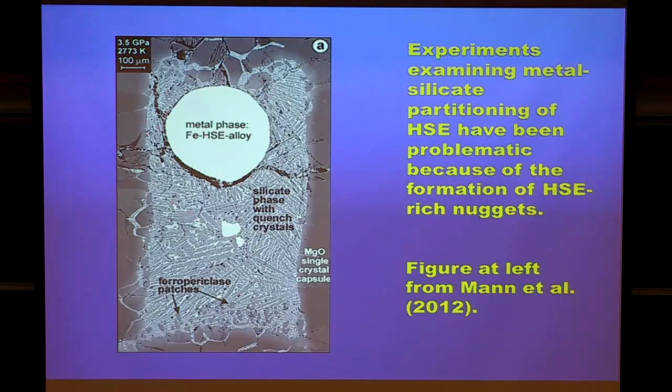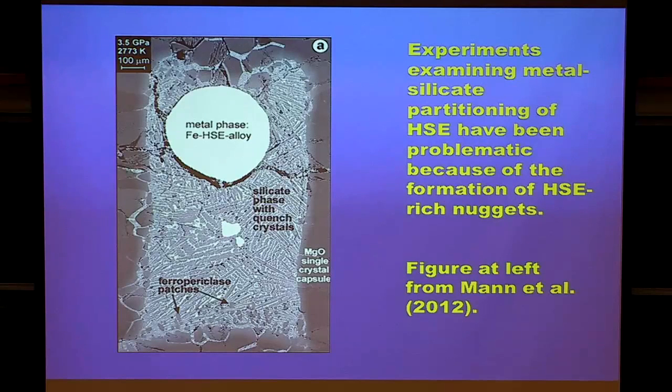The oxygen fugacity is really critical to HSE partitioning, as I'm sure Bill will say. And we won't talk about it here, but a real big issue that has plagued people that do these types of experiments is that at the end of the experiment, when it's quenched, you often find little tiny micro nuggets of the highly siderophile elements in the silicate.